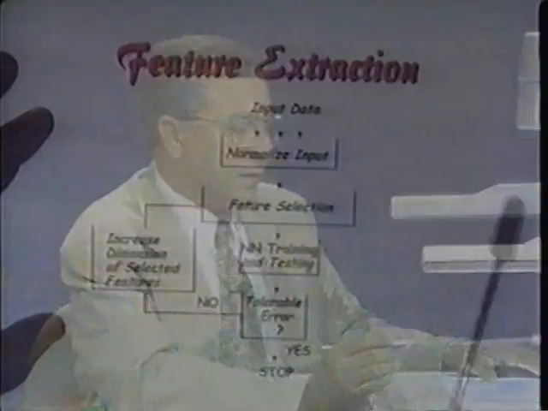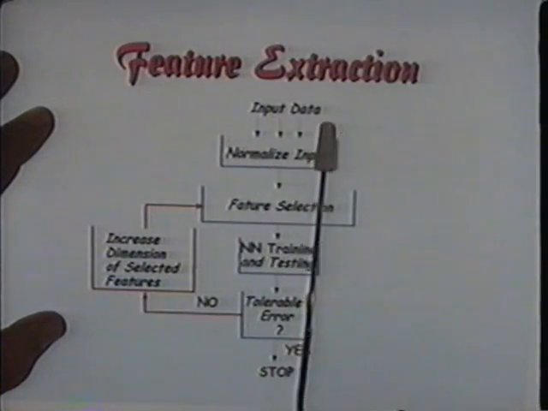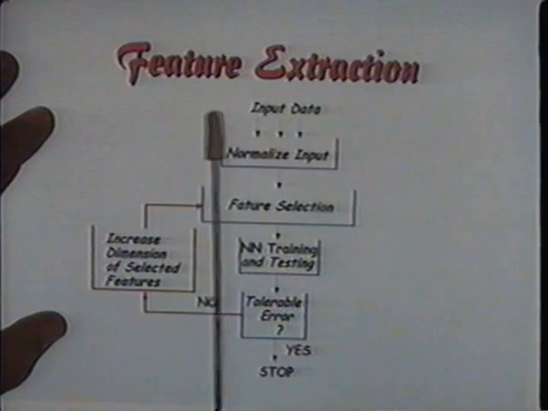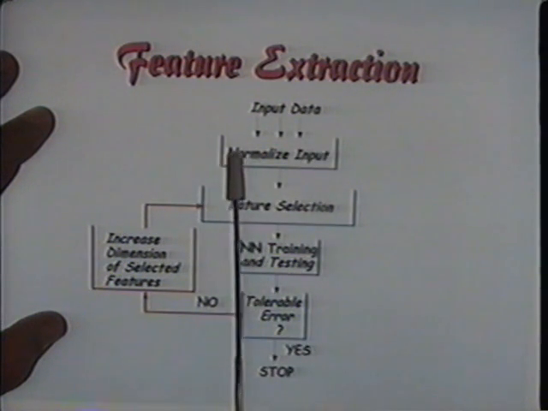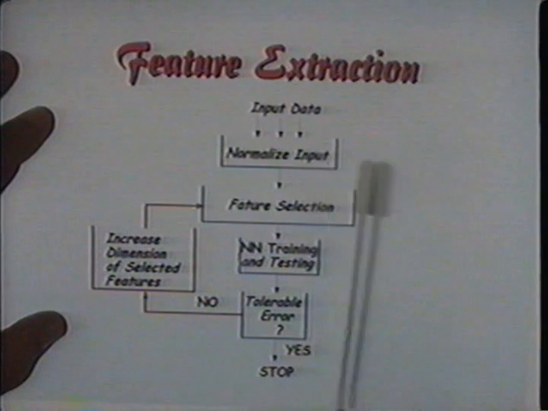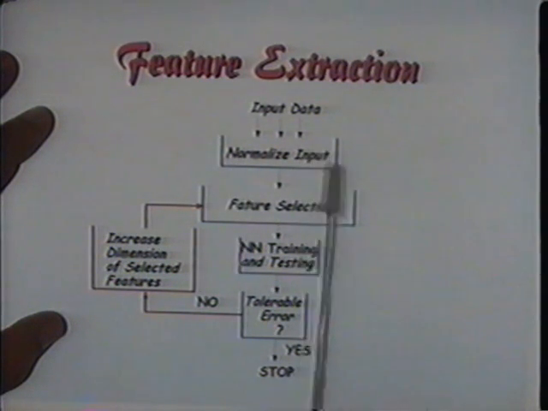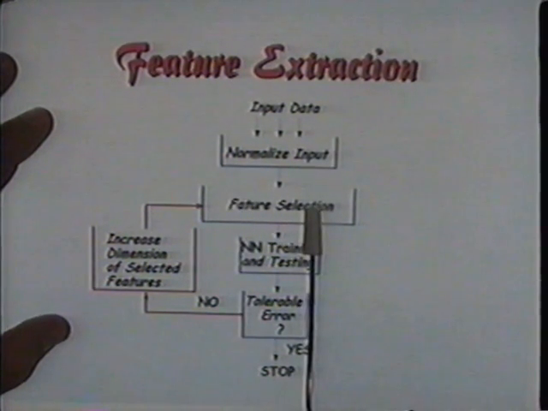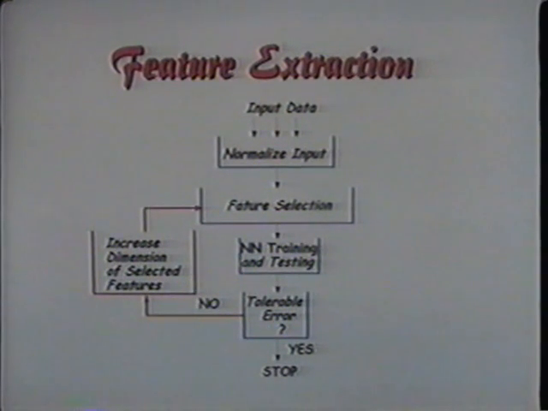How can you implement that in a neural network? Well, here is an idea. You can start basically with input data, and that could be any data you have. Of course, you know that data has to be normalized. Then after it's normalized, you go to the feature selection, where you actually extract the features either mathematically or by using other techniques, such as some kind of expert system or experience from an operator.